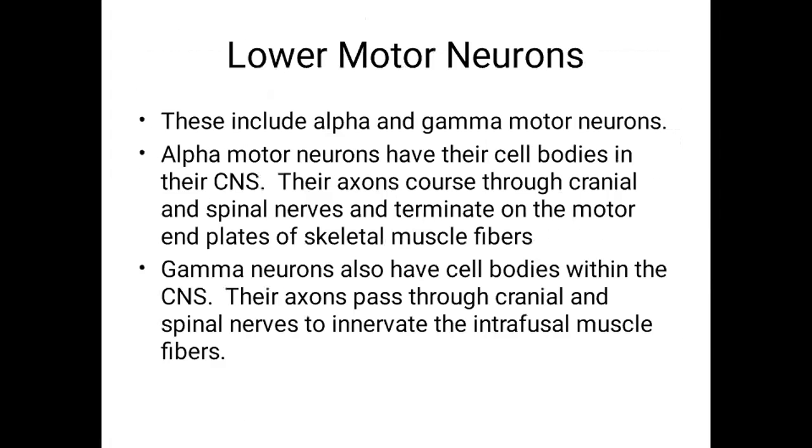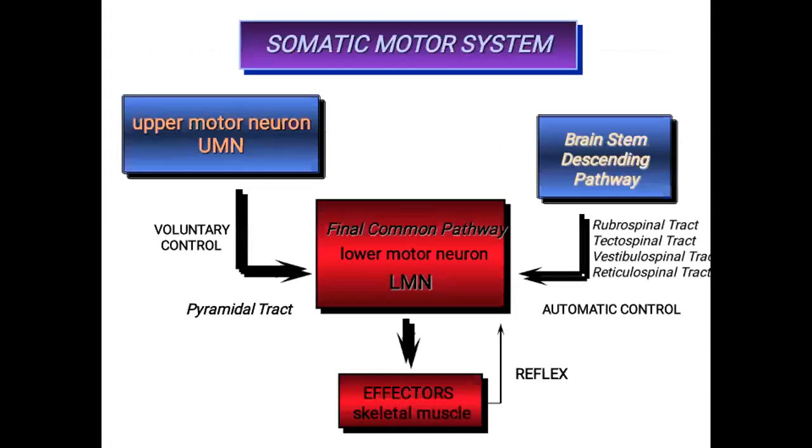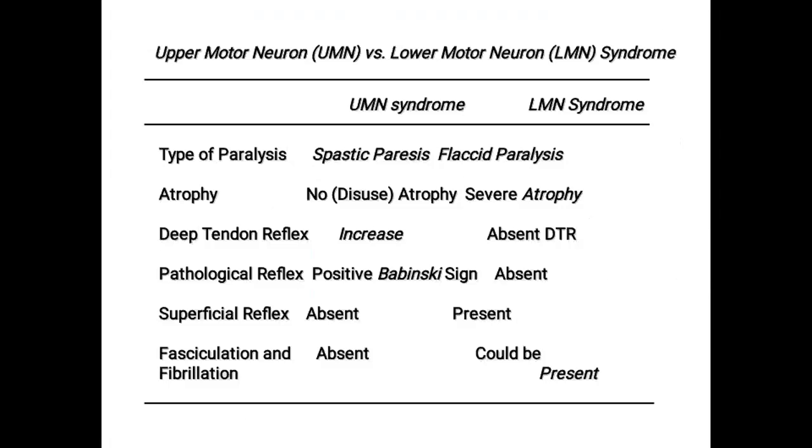Now coming to the upper motor neuron lesion and lower motor neuron lesion. We have seen the difference between the pyramidal and extrapyramidal tract. So you know what is an upper motor neuron lesion and a lower motor neuron lesion.